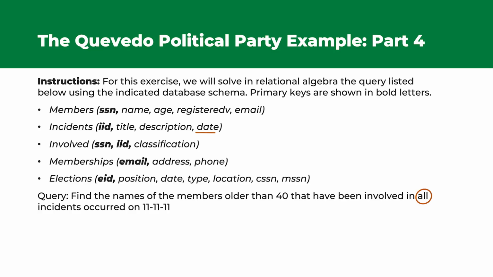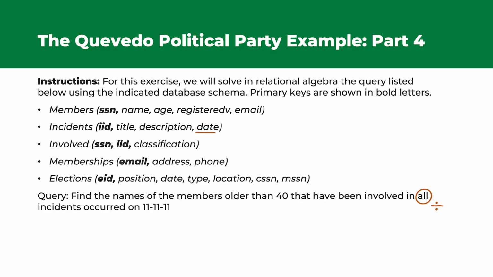So far, I see the information that I'm looking for to answer the query is in 3 tables: members, incidents, and involved. Now I need to decide which of the operators that we know from algebra are going to help me. That's why I also identified the key word all, and that goes to division. So I'm going to put the division symbol there.